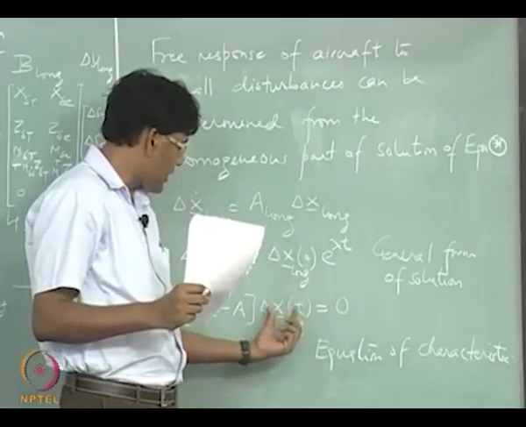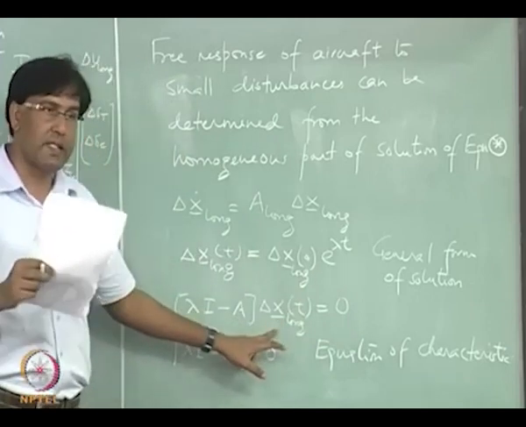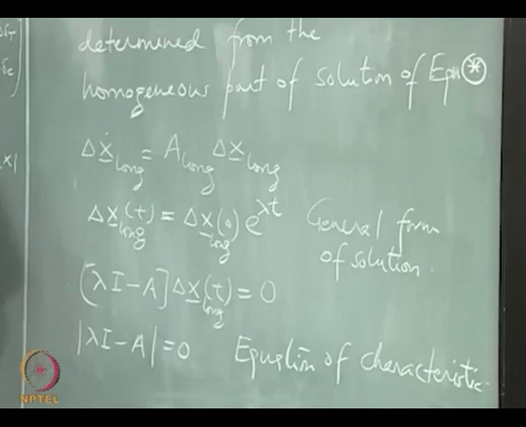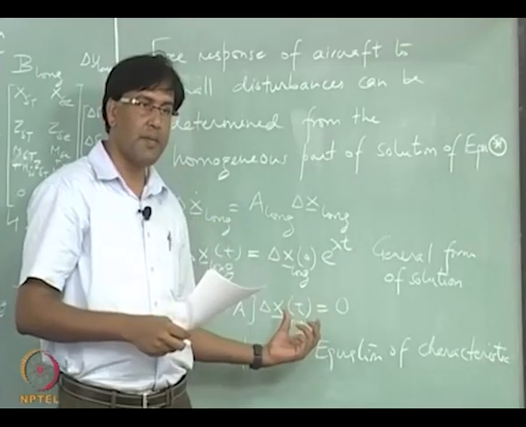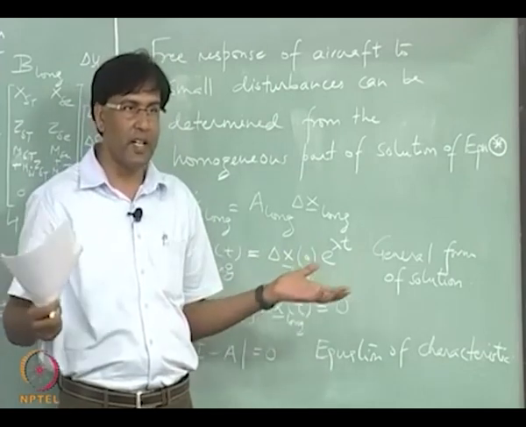We are looking at the solution to this equation when the delta x vector is non-zero, right, that is when you are introducing the perturbation. If the perturbations are all 0, then I am at the equilibrium flying condition.